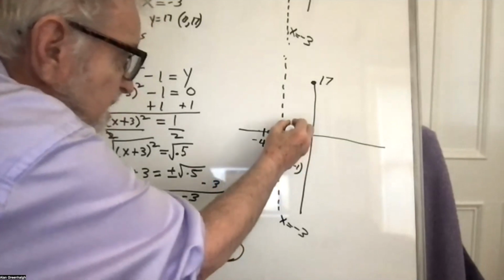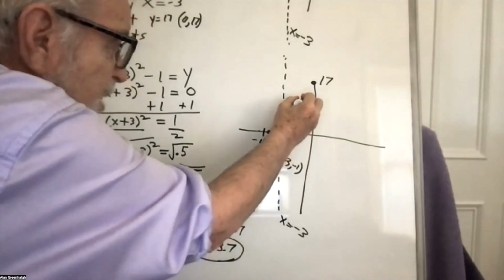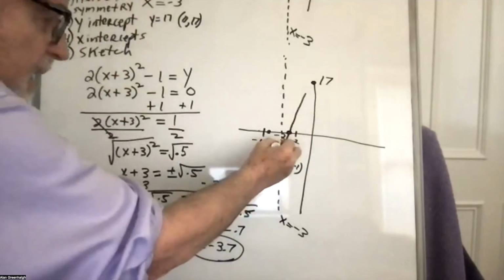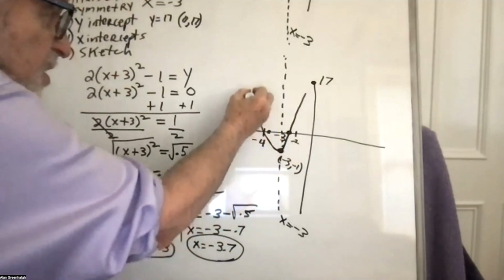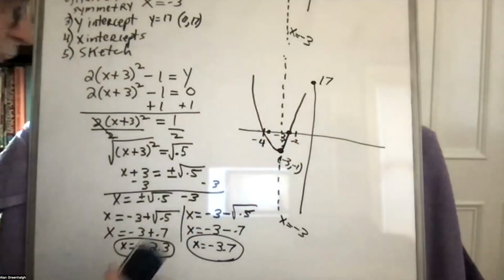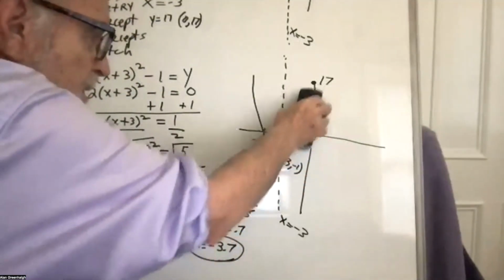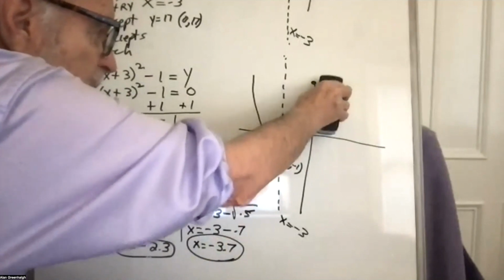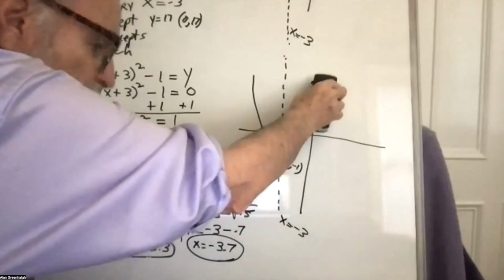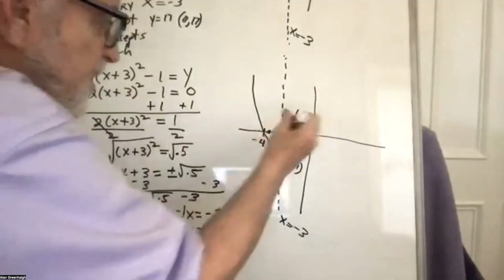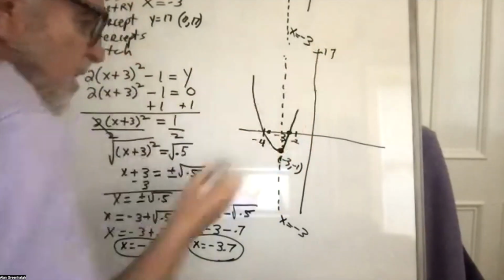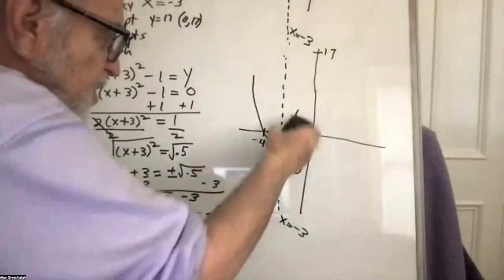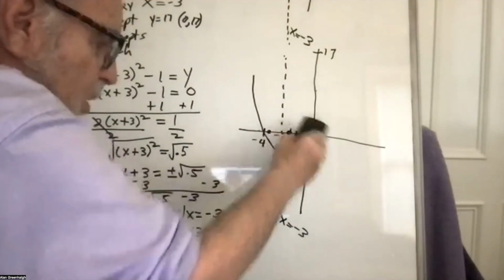It goes gradually up like that. It's not a straight line though. It sort of looks like a straight line, but it's not, because this 17 should really be much higher, way up here. So this is not really a straight line going to it.